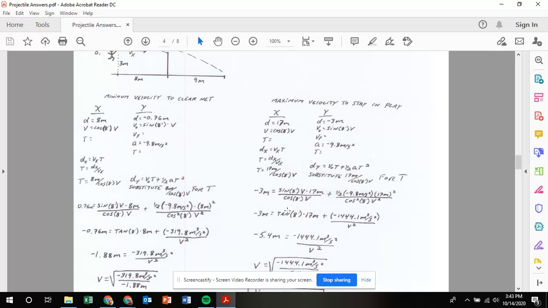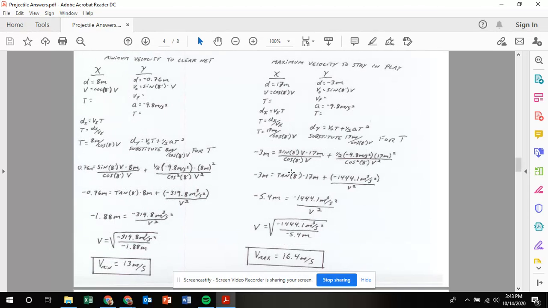Sine over cosine becomes tangent. V over v just cancels out. So I now have just tangent of 8 times 17. Over here in this fraction, 1/2 times negative 9.8 times 17 squared divided by cosine squared 8 gives me negative 1444.1, and v squared is still hanging out here in the denominator. I subtract tangent of 8 times 17 over to the left side, so negative 3 minus tangent 8 times 17 gives me negative 5.4.